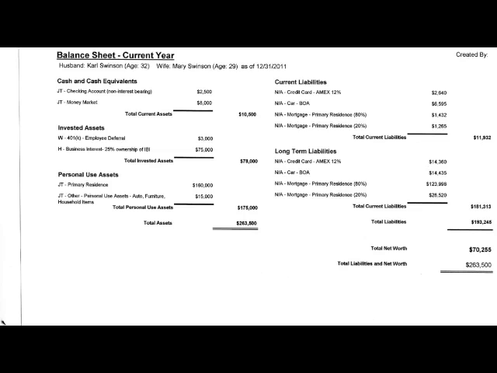Now, an item of concern I had mentioned earlier is that in your invested assets, you can see that your business interest in IBI comprises the significant portion of your invested assets. And because it is such a significant portion, there are some risks associated with that, and that, as I had mentioned, is something we will address in the recommendations later.